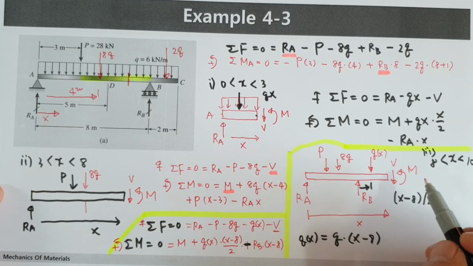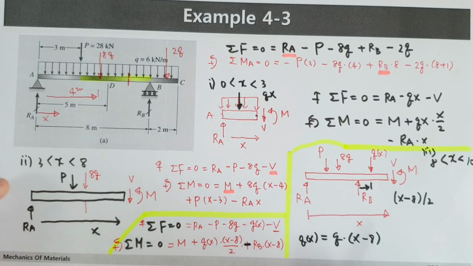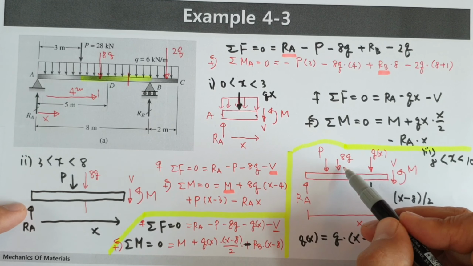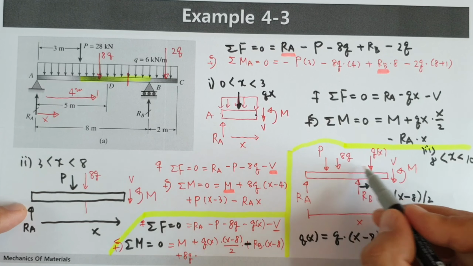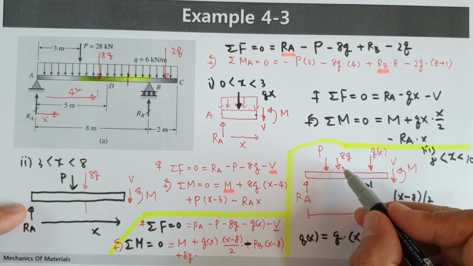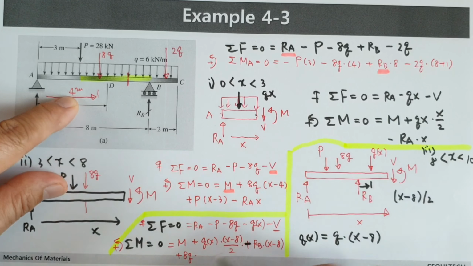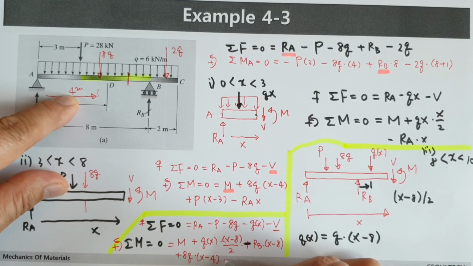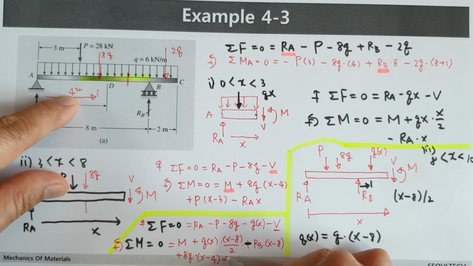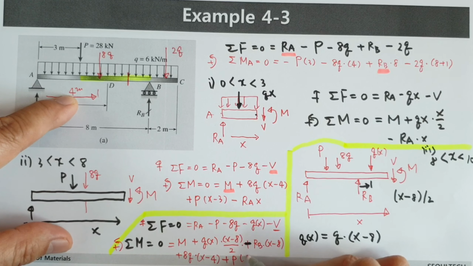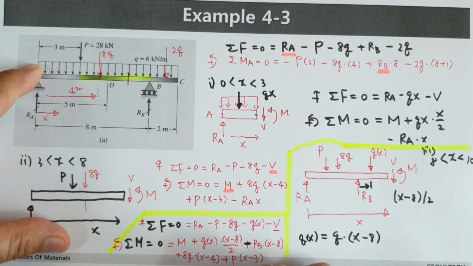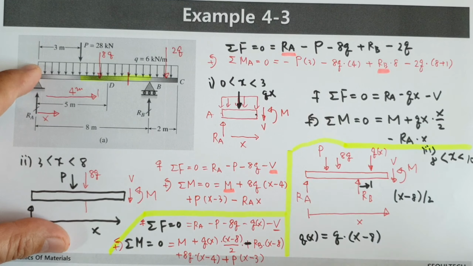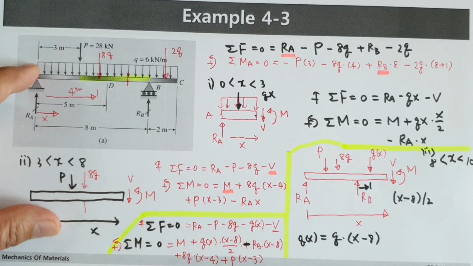Next, 8Q is positive 8Q, and the length, this distance, is x minus 4. This one plus P is located x minus 3, and finally RA is minus value, RA multiplied by total length x.